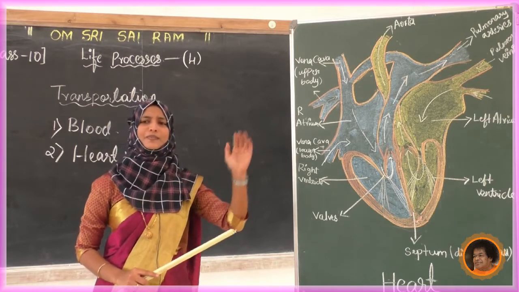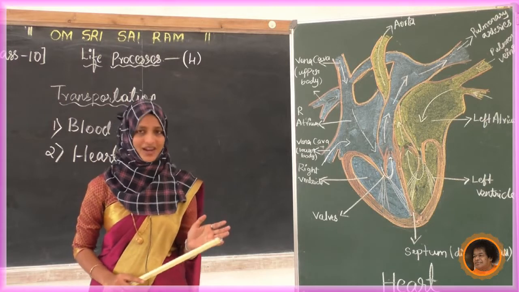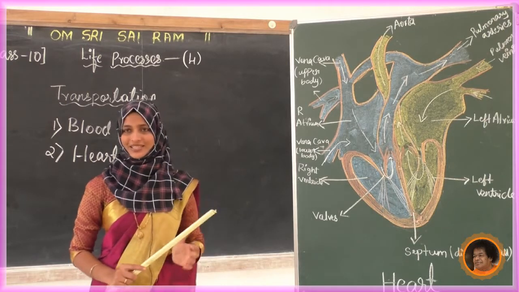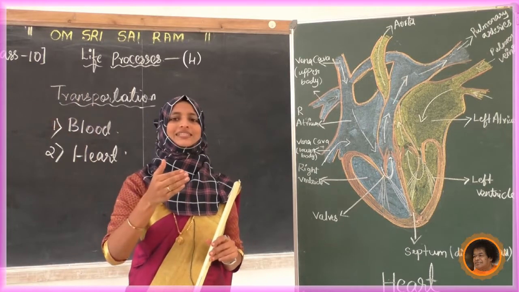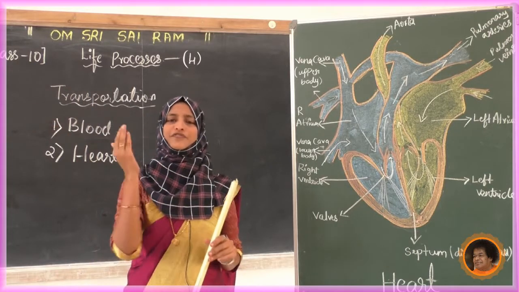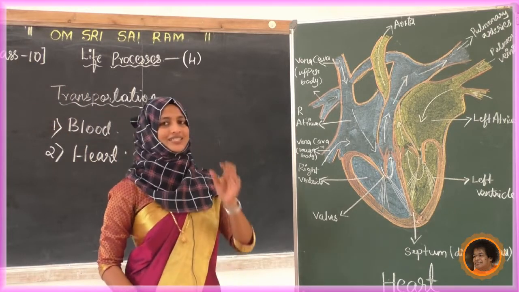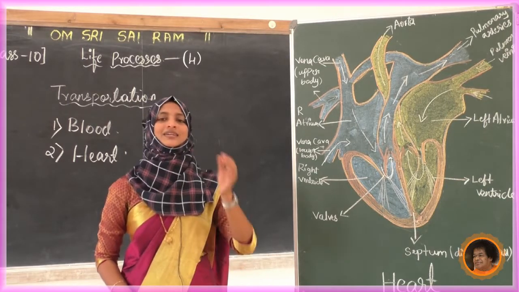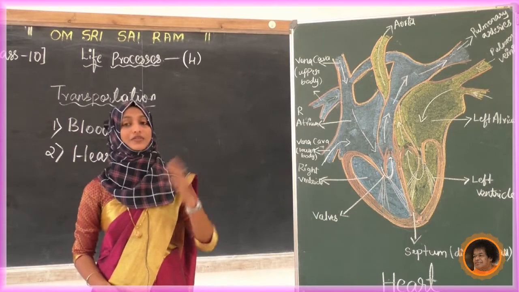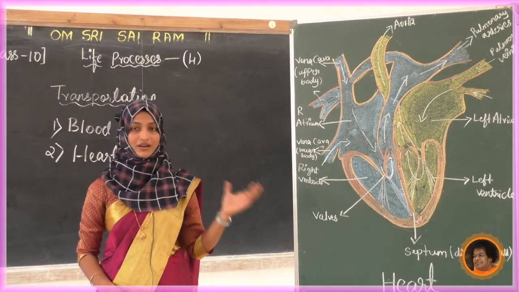There will be a number of connections to our heart, like a pipeline system we have from a sintex tank. Same as that, there will be a number of pipeline connections. First we will name them, and after the naming, we will discuss the different functions and roles in our heart.